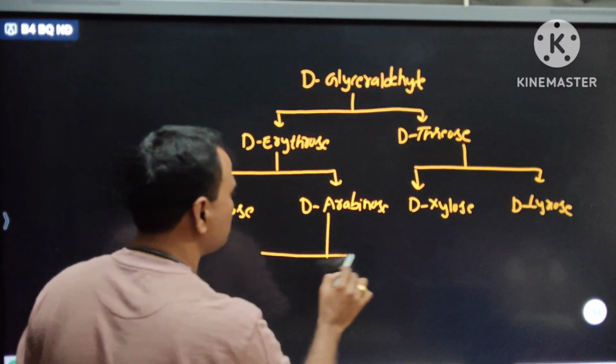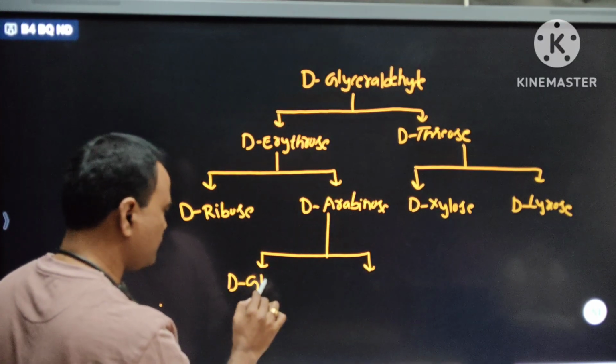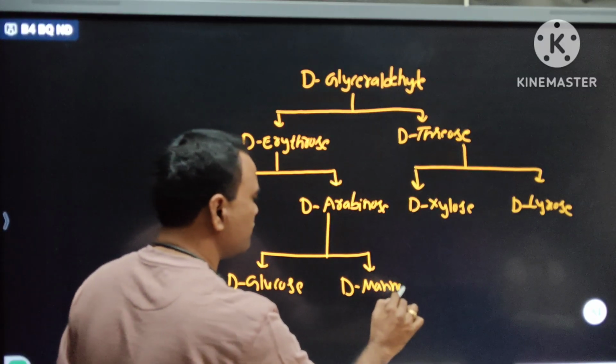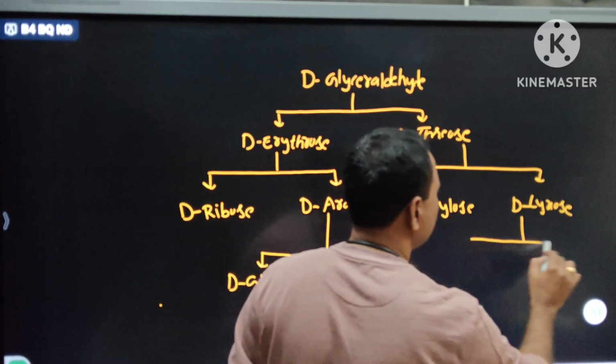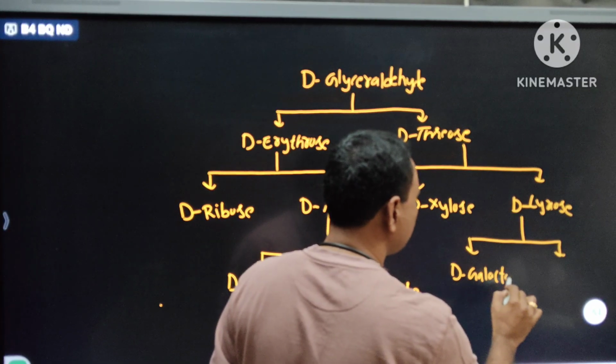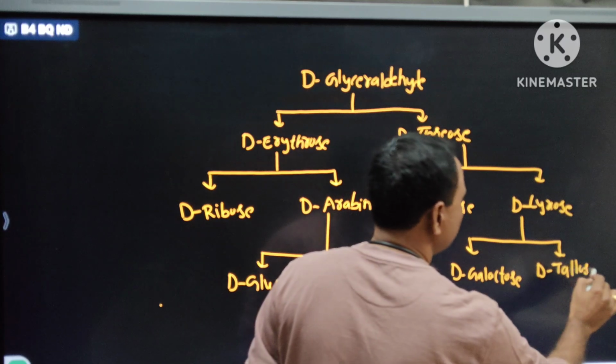Next, here what I have given? D-glucose, D-mannose. Here, D-galactose and D-talose.